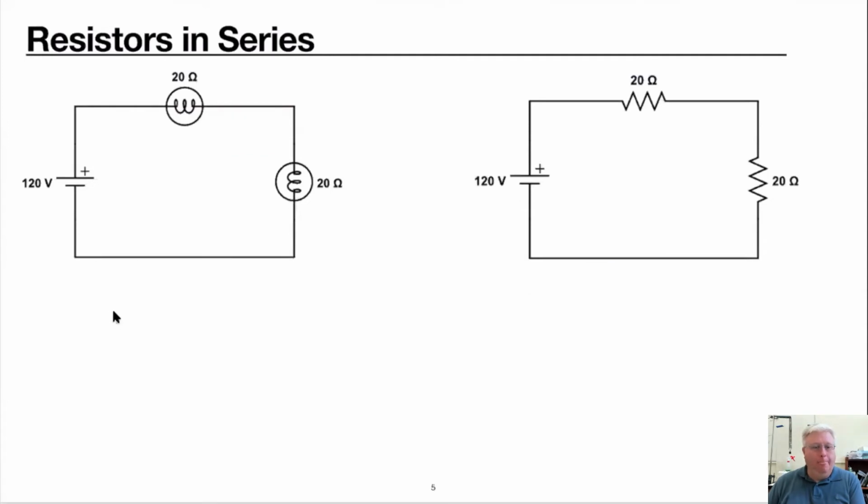So now we'll have some resistors connected in series, 2 resistors specifically. With a light bulb, you can see the program I used to make this uses a slightly different symbol.